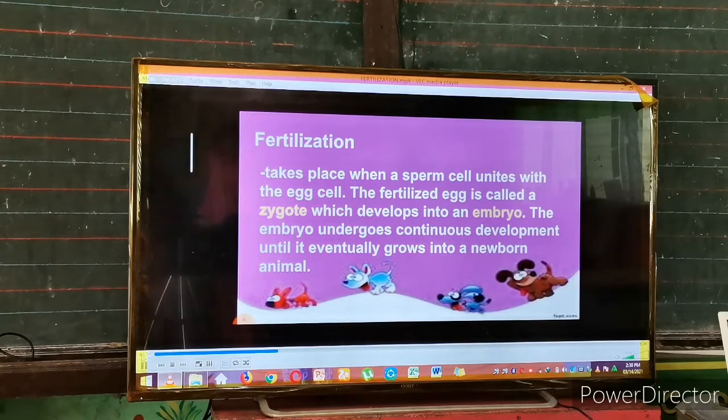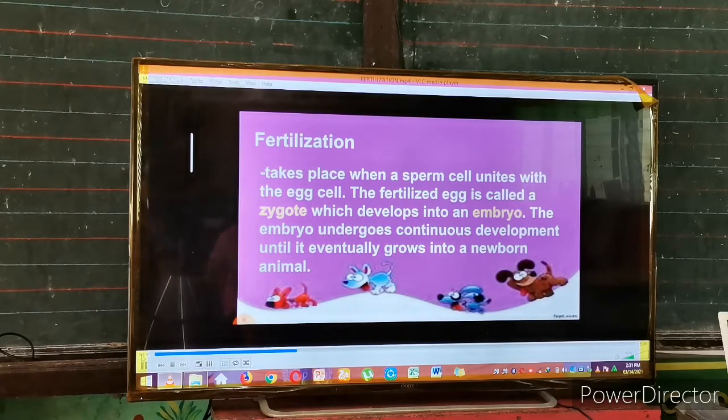Fertilization takes place when a sperm cell unites with the egg cell. The fertilized egg is called a zygote, which develops into an embryo. The embryo undergoes continuous development until it eventually grows into a newborn animal. Class, tandaan ninyo, pagka merong fertilization or union between sperm cell and egg cell, there is life. Buhay na yon, fertilized egg na yon.